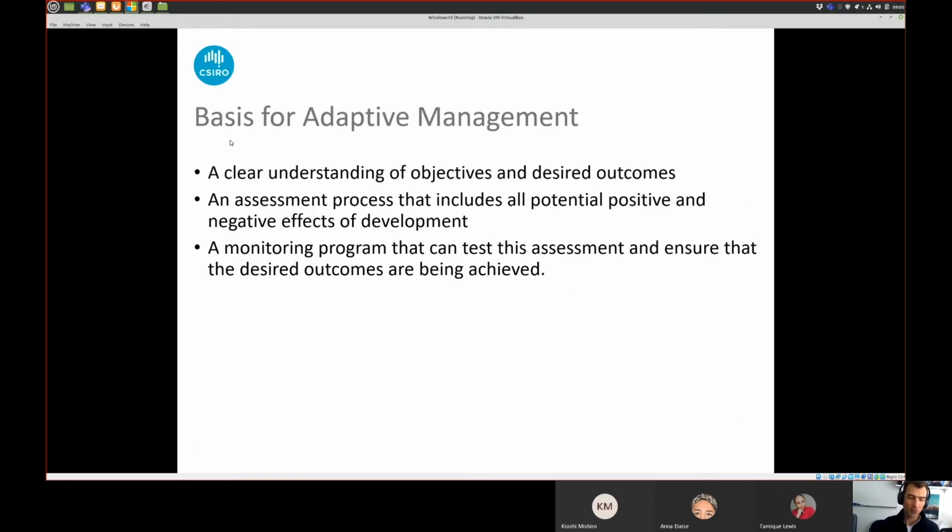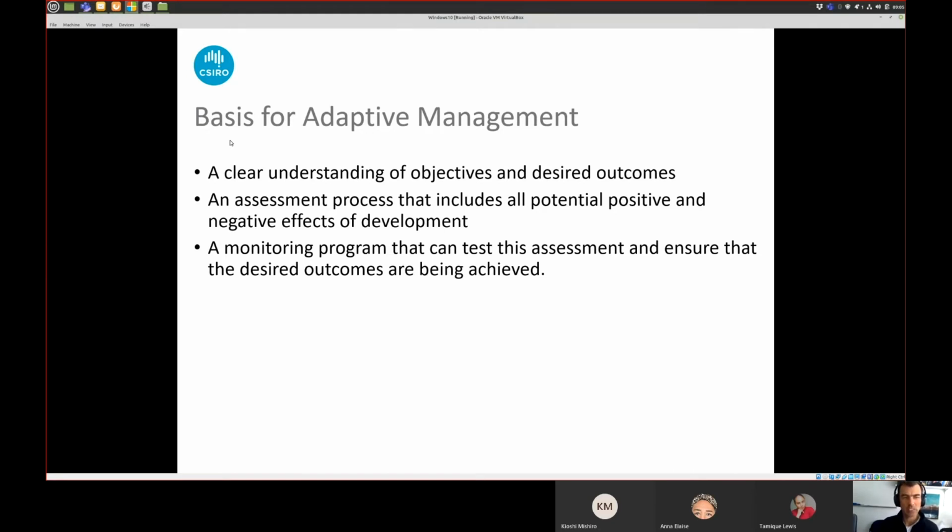So the basis for adaptive management in any sort of management regime really comes down to three key things. The first is a clear understanding of the objectives and the desired outcomes. So that's really a plan of how you're going to proceed, the things you want to achieve, and the things you want to avoid.